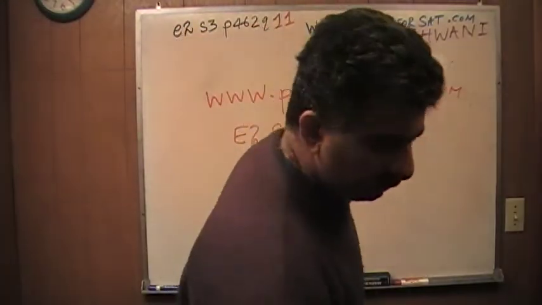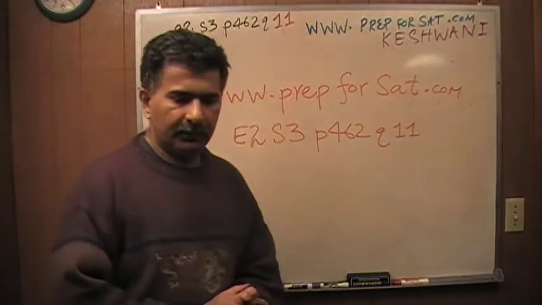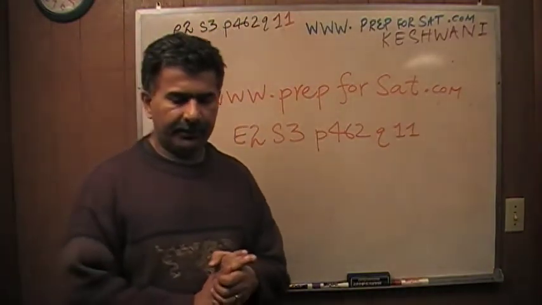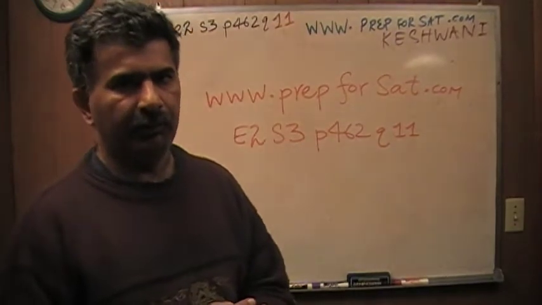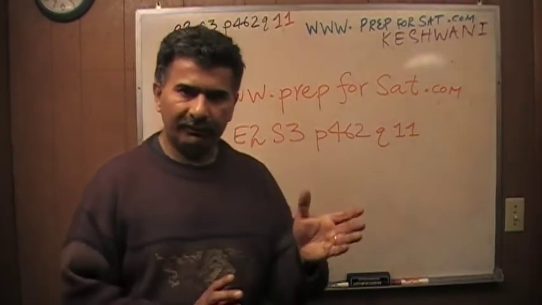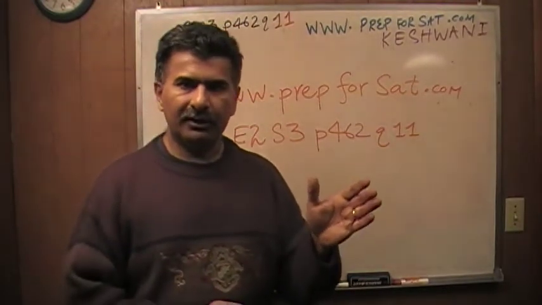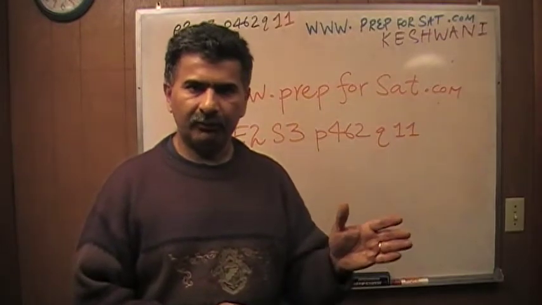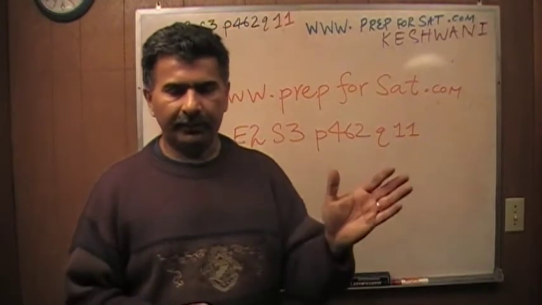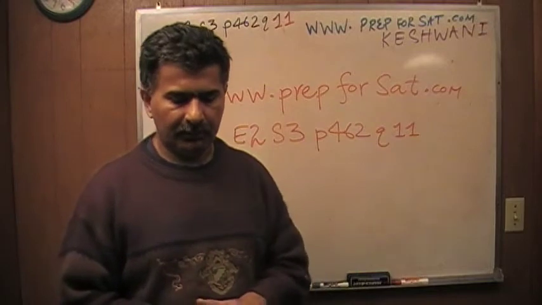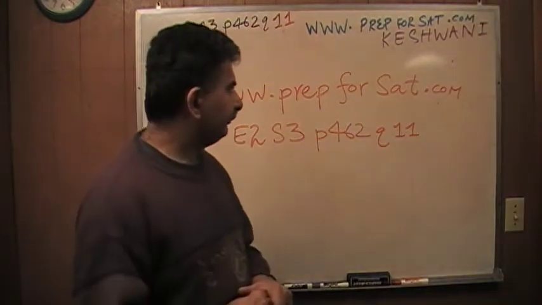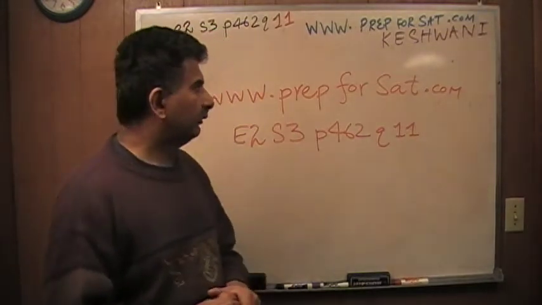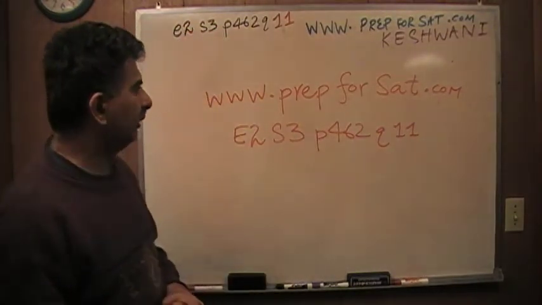In the sections that I'm doing right now, there are 20 multiple choice questions, and then there is one more math section, which contains 8 multiple choice questions and 10 grid-ins, and then there is one last math section, which contains all multiple choice questions. But right now I'm doing the first section, 20 multiple choice questions.